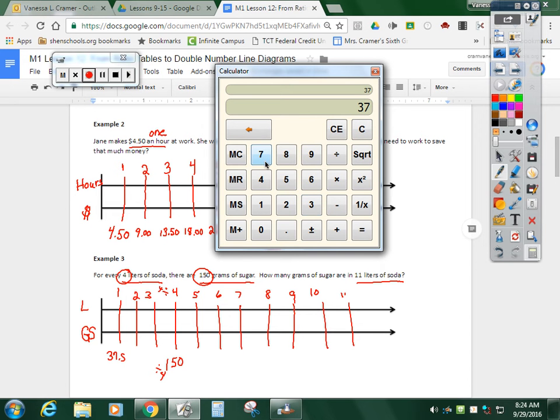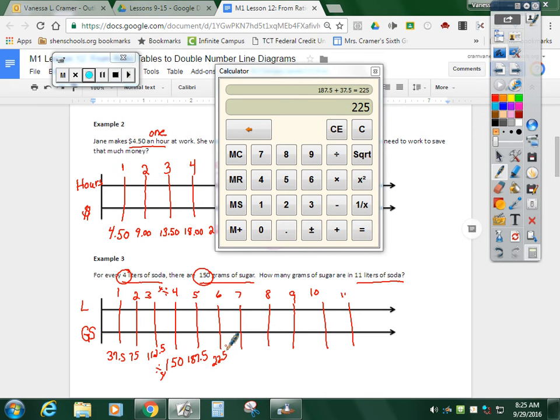Okay, so 37.5 times 2, 75. Okay, this is the additive structure. Let's just keep adding all the way until we get, this is 112.5. Okay, we have 150. So let's do 150 plus 37.5 grams of sugar. It's 187.5 plus 37.5.